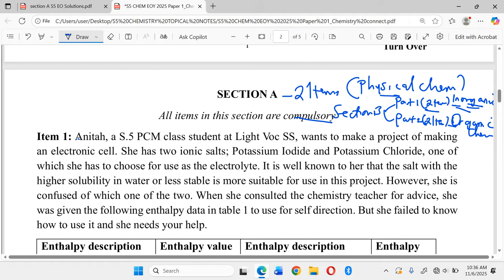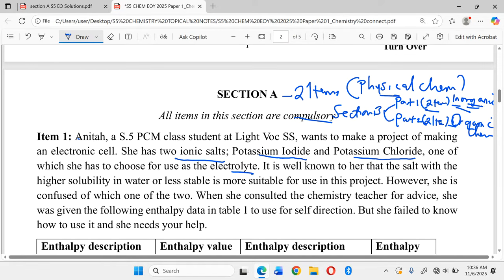So here they're saying, Anita, a Senior 5 PCM class student at Light Vocational SS, wants to make a project of making an electronic cell. She has 2 ionic salts, potassium iodide and potassium chloride, one of which she has to choose for use as the electrolyte.